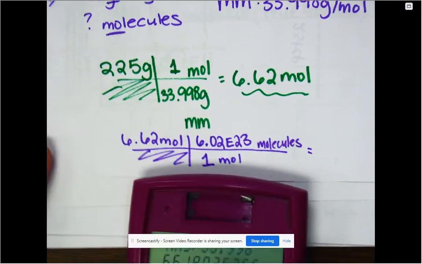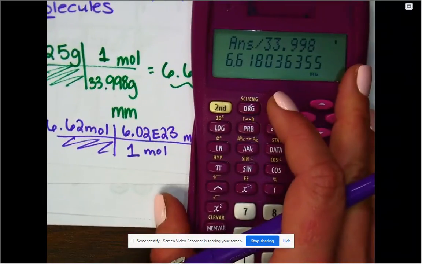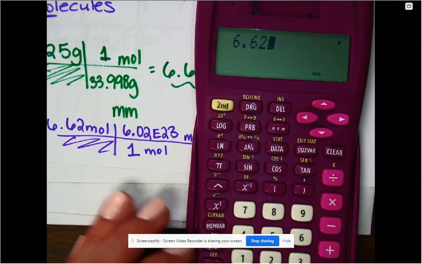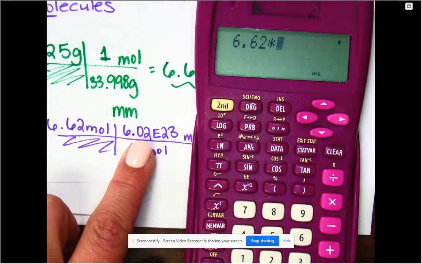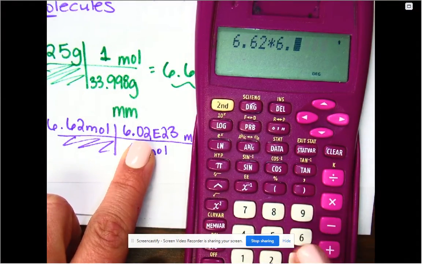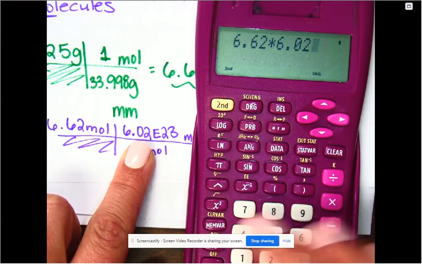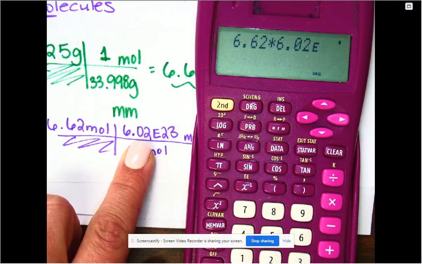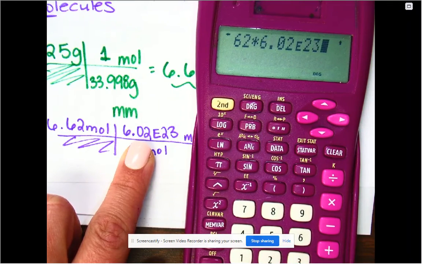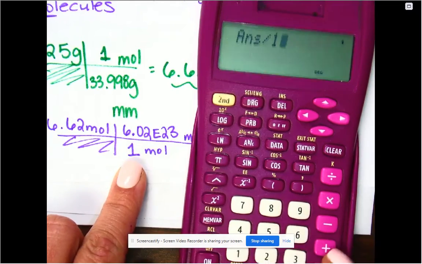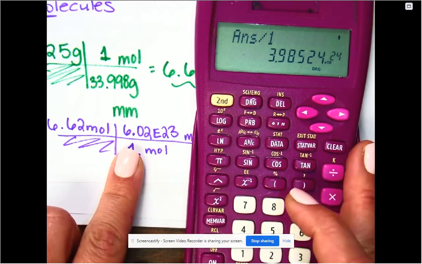So when you type this one in, we're going to have 6.62. I would multiply by Avogadro's number, which is 6.02. I'm going to push my second, and then this little x to the negative 1, because there's an EE on top, so the E is going to show up, 23. Push enter. We can divide it by 1 if we want. There we go. All right, and that would be our final answer.